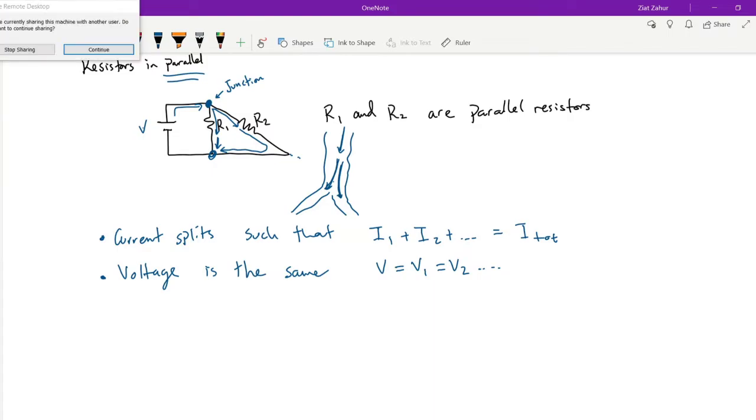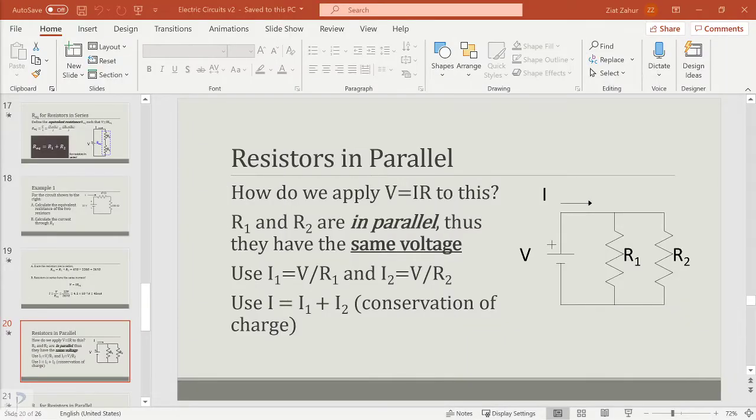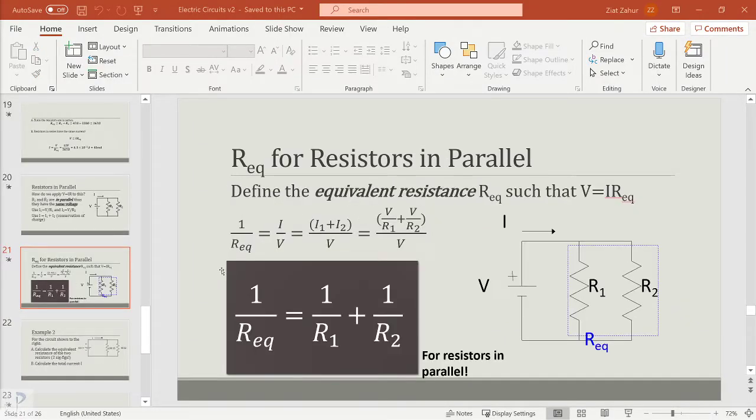And the resistances add up really weird. Here's the derivation if you want to find the equivalent resistance, the total resistance. Now I have it in this format, but I will give it to you slightly different. See how it has inverse of resistance on the left side and the right side.